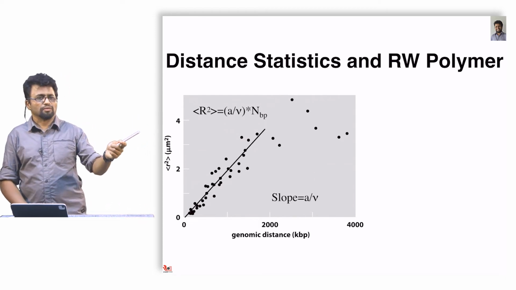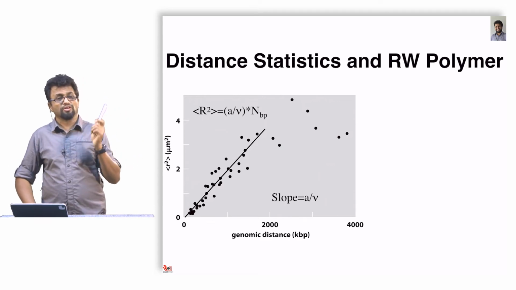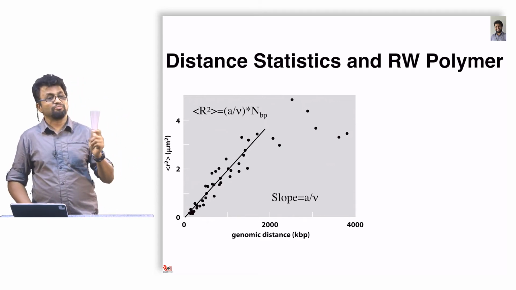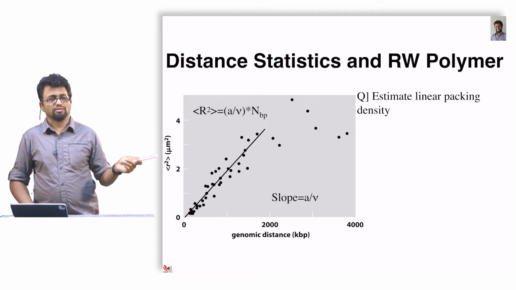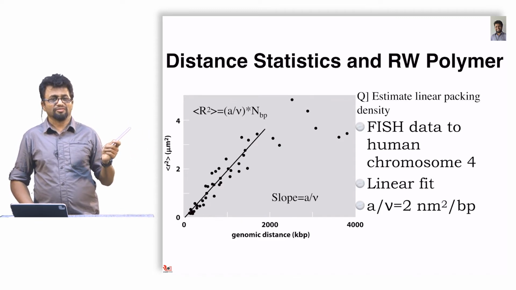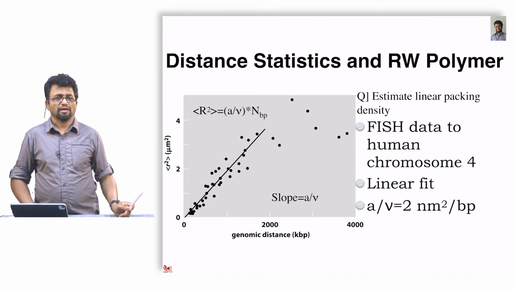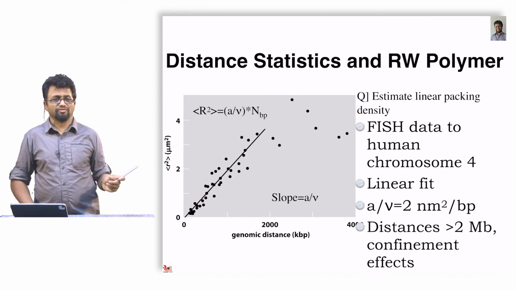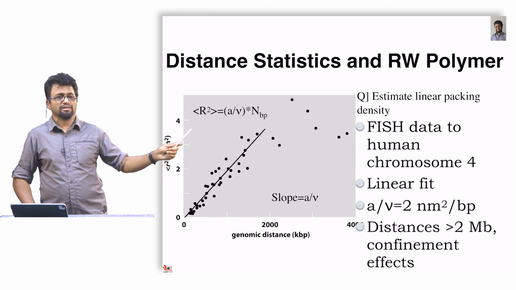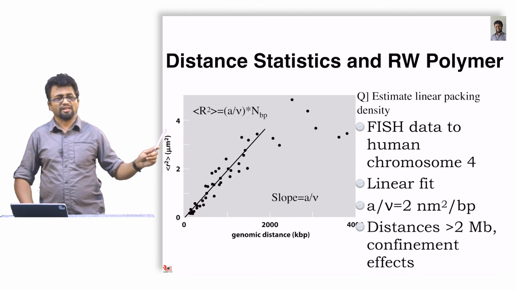Now, what is the unknown? Remember, our aim was to know the nature of packing, and it turns out that nu from all of this is 2 nanometers squared. A by nu is 2 nanometers squared per base pair, and for distances greater than 2 Mbp, confinement effects take charge.